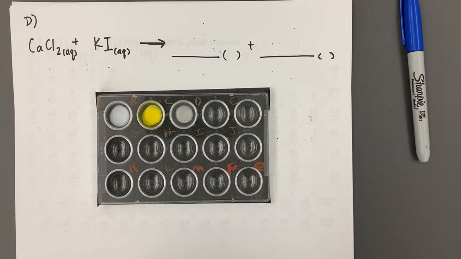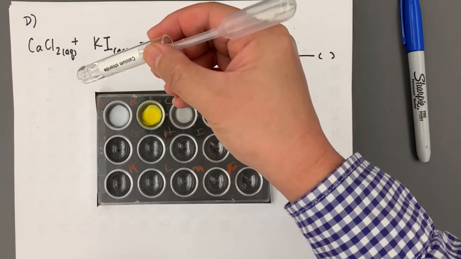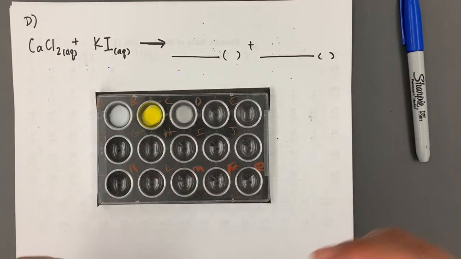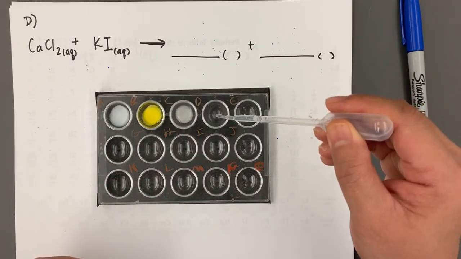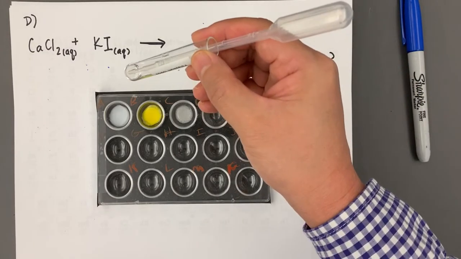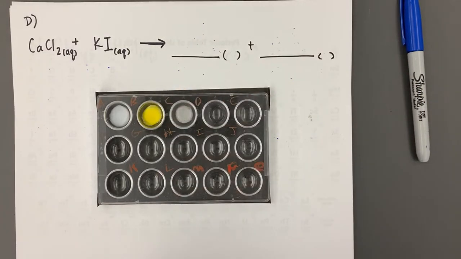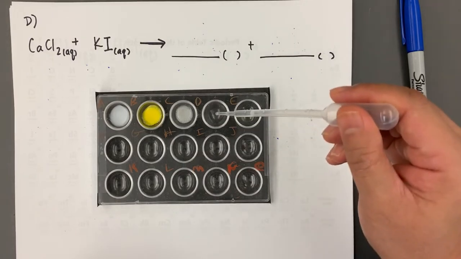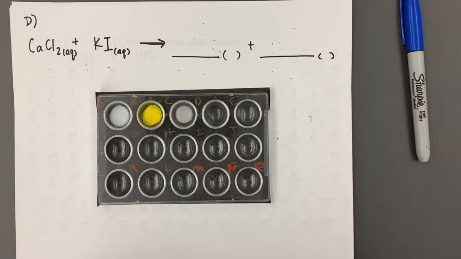All right. Calcium chloride. Calcium chloride is a colorless solution. Okay. Potassium iodide is also, again, a colorless solution. We've used this one before. Okay. And let's mix it together.